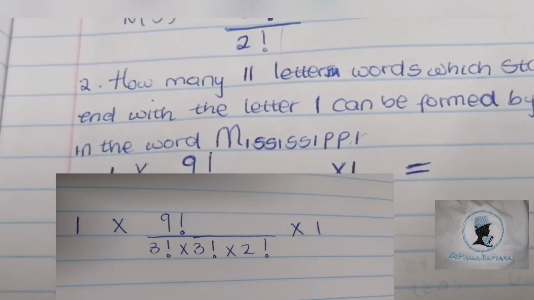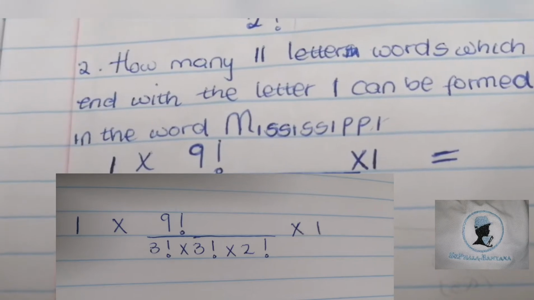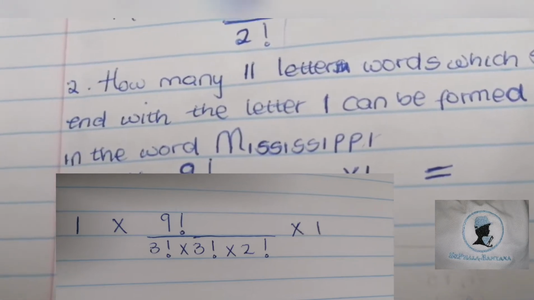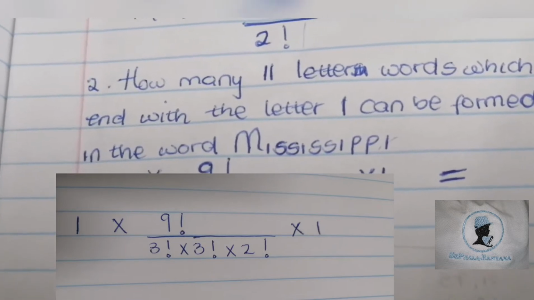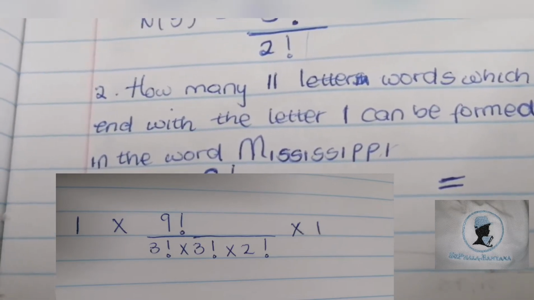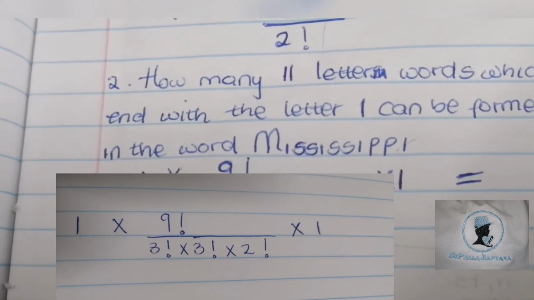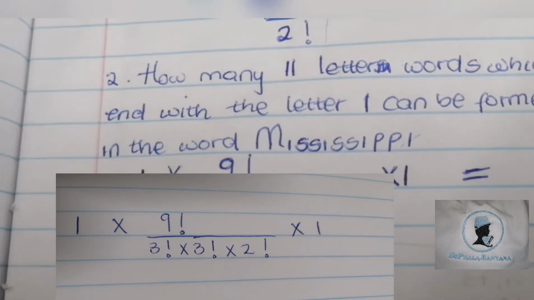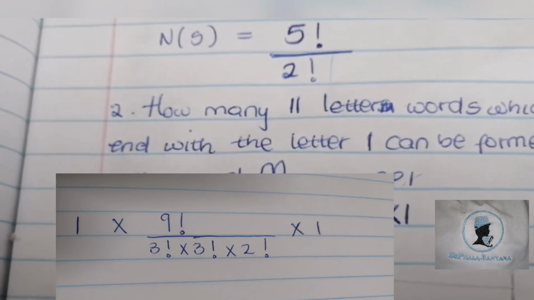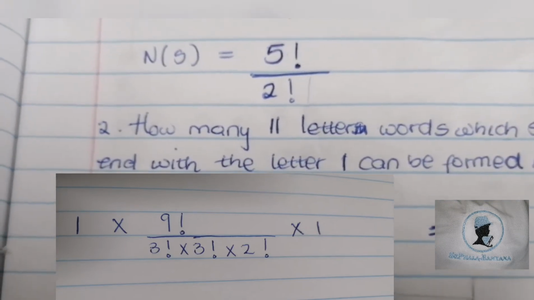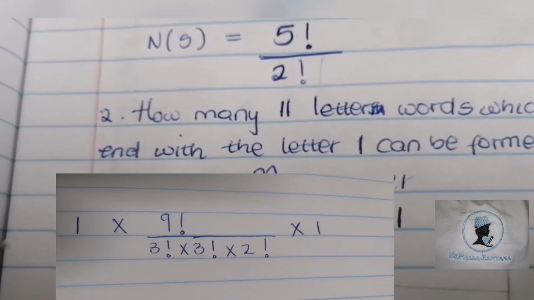Even though you have 4 S's there, when a word starts with an S, it starts with an S. Whether you choose the S in the 3rd position or the 4th position, there is no difference. The word will still look the same. That's why there's a 1 there, to show you that there's only one way you can choose the first letter.